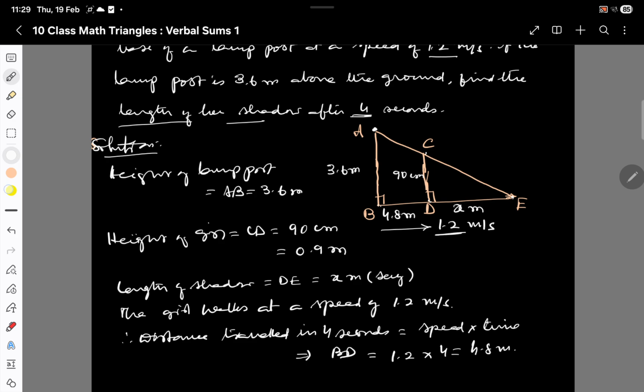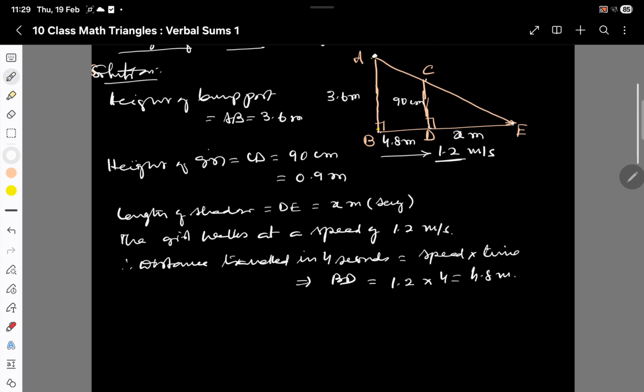Now let us consider two triangles. One is ABE, the other is CDE. Let us compare these two triangles. Consider triangle ABE and triangle CDE. In these two triangles, angle B is equal to angle D is equal to 90 degrees.